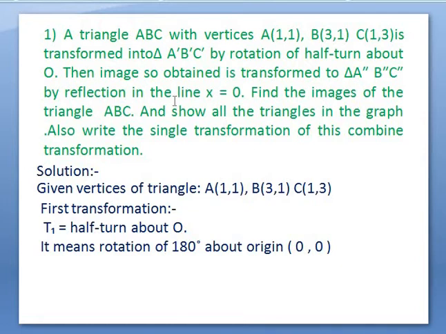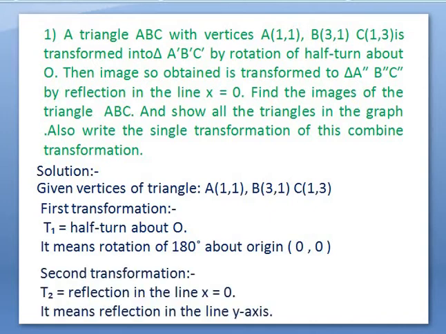And the second transformation, say T2, is reflection in the line x equal to 0. It means reflection in the y axis. x equal to 0 means y axis, y equal to 0 means x axis.